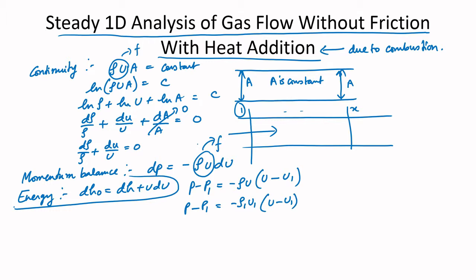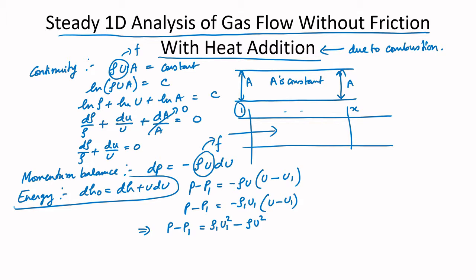So, this is just an artifact of continuity, as you know. Or I can write P minus P1 is equal to rho 1 u1 squared minus rho u squared.